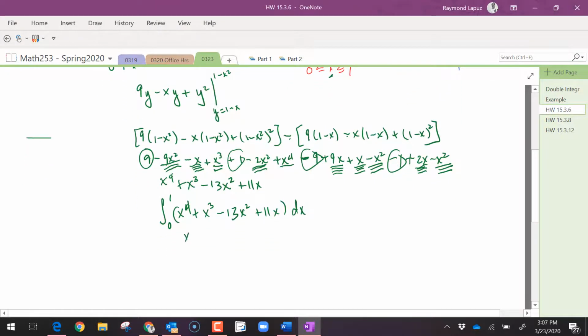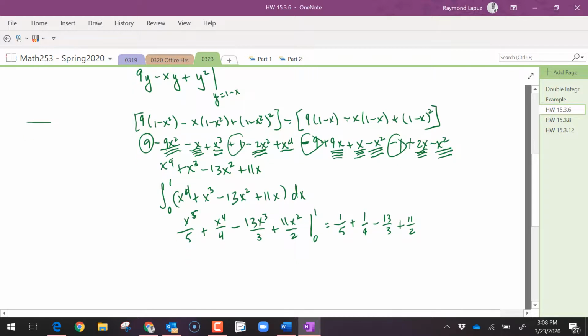So this would be x to the fifth divided by 5 plus x to the fourth divided by 4 minus 13x to the third divided by 3 plus 11x squared divided by 2 going from 0 to 1. Now the 0 is going to go away, so this is all just 1. So we have 1/5 plus 1/4 minus 13 over 3 plus 11 over 2.